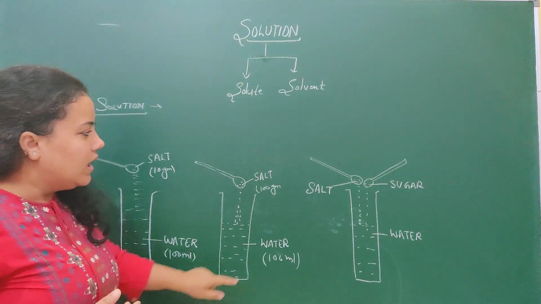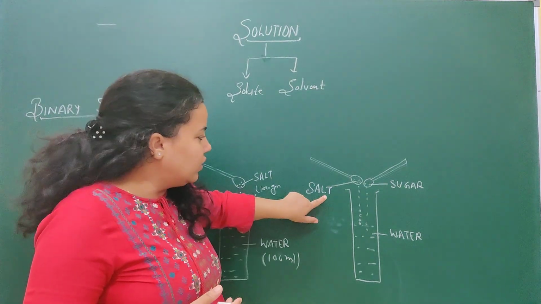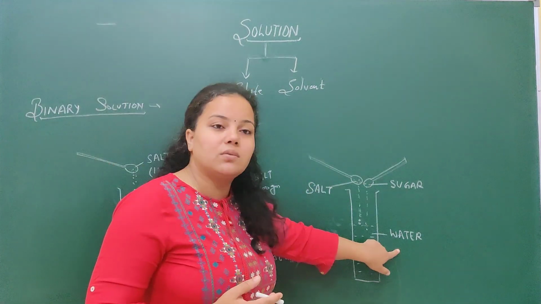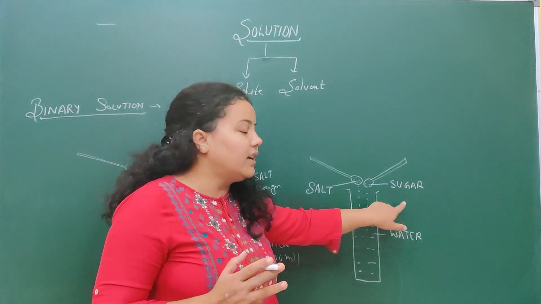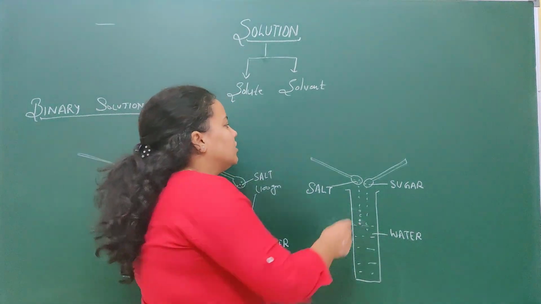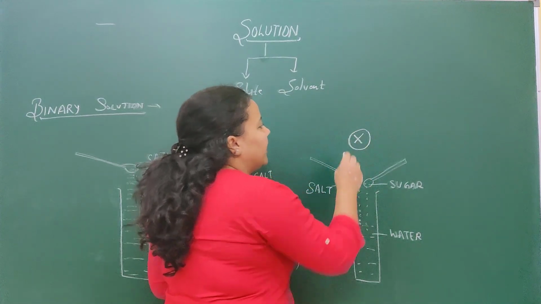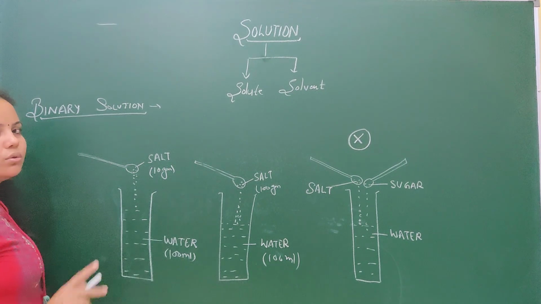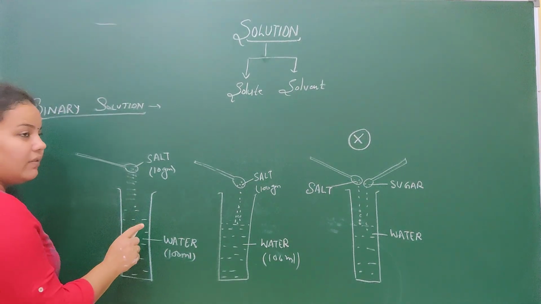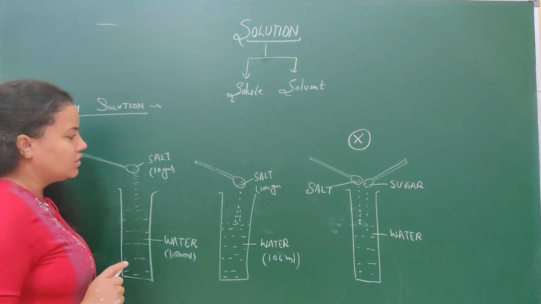Binary solution. Now in the other case you have salt plus sugar plus water, meaning here you have three components. So water, sugar and salt. So I will not count it in my binary solution. So binary solution consists of just two components, one solvent and another one as solute.